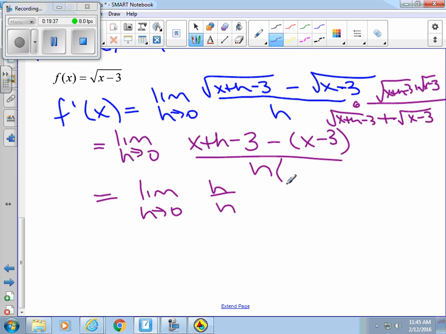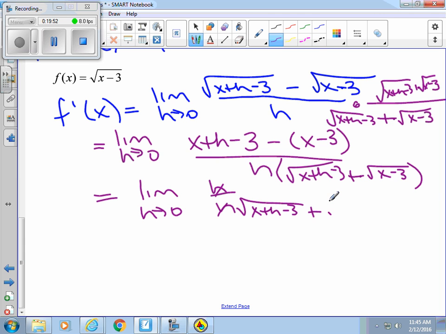Sorry, lost my denominator. Okay, so the h's cancel, but I am left with the square root of x plus h minus 3 plus the square root of x minus 3 on the bottom. Correct?